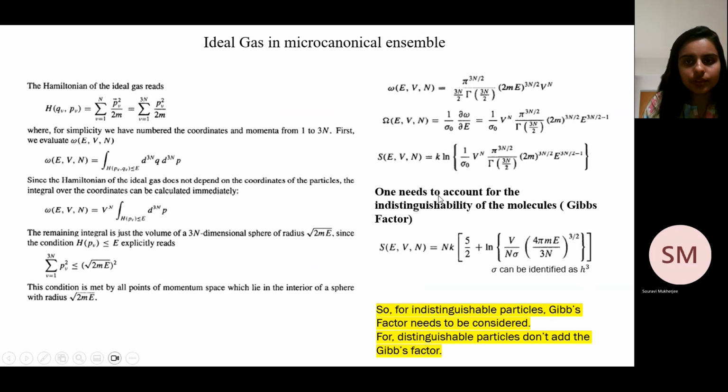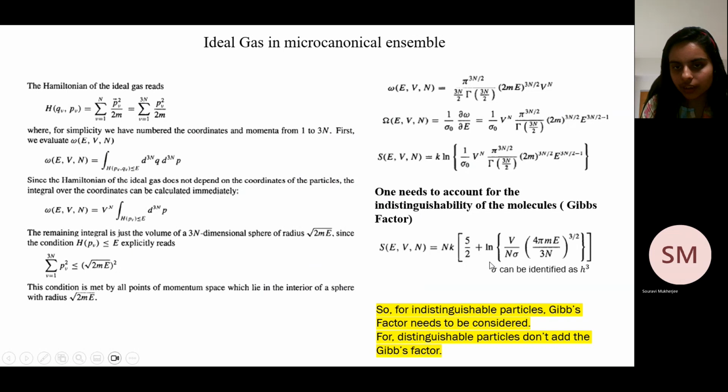But if you recall, this is not the correct expression, because it does not take into account the indistinguishability of the particles. So you are overcounting the number of microstates. Because the particles are indistinguishable, that means the numbering of the particles does not matter. And if you take that into account, you would have another 1 by n factorial factor that would come into the expression.